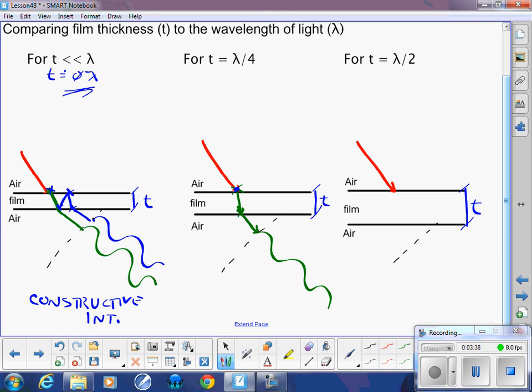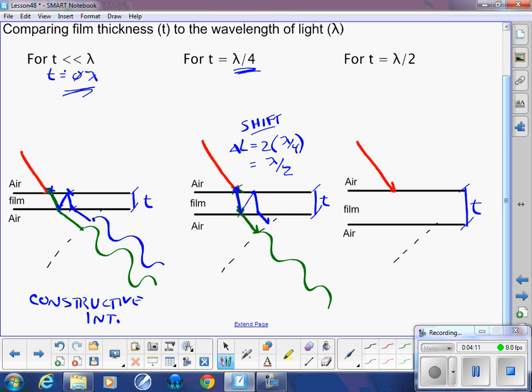Blue wave, here we go, reflected, now it's a trough, reflected, now it's a crest, transmitted, should be a crest, but remember, it's traveled lambda by 4 in one direction, so the extra length that's traveled is 2 times lambda over 4, or it's been shifted half a wavelength. Okay, so that's the shift.